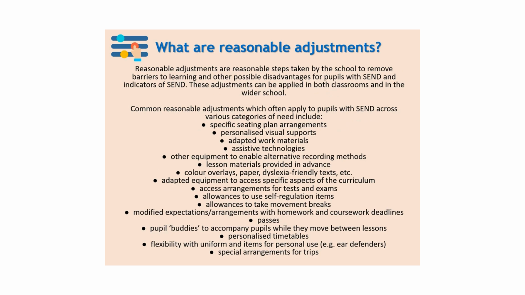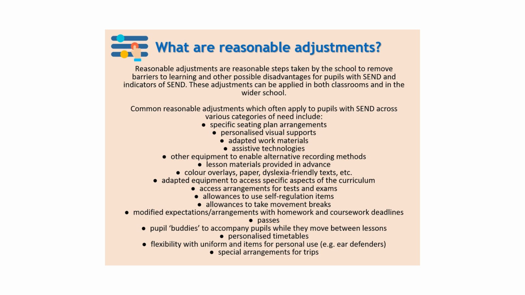What are reasonable adjustments? Reasonable adjustments are reasonable steps taken by the school to remove barriers to learning and other possible disadvantages for pupils with SEND and indicators of SEND. These adjustments can be applied in both classrooms and in the wider school.